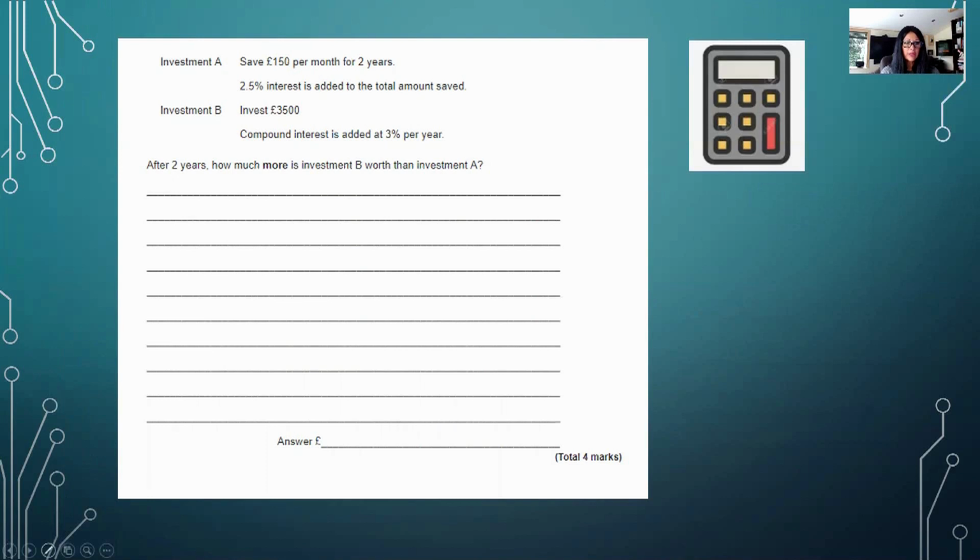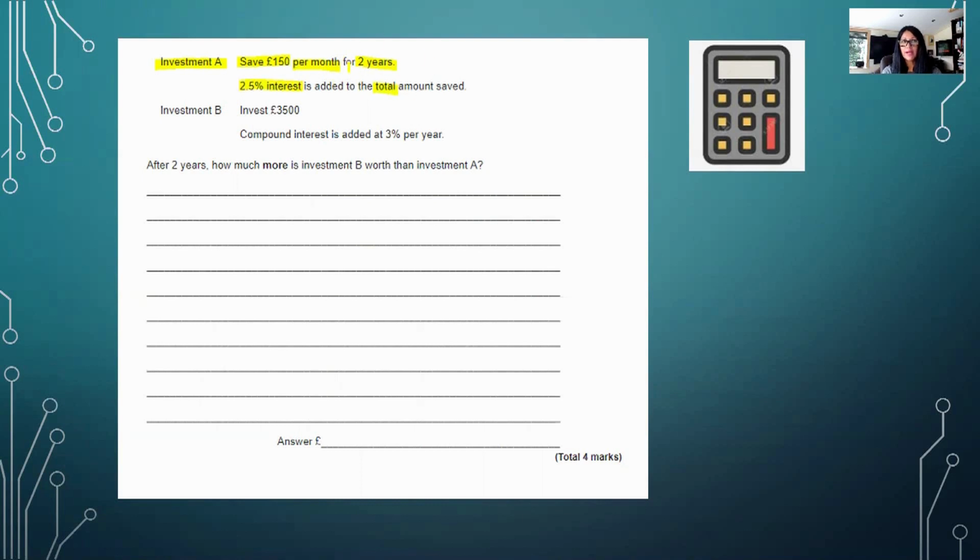So let's read the question and underline key information. We have investment A. Investment A means we put some money in with the hope that we're actually going to make some money at the end of a certain time. This one tells us we can save £150 a month, so per month is important, for 2 years. At the end of the 2 years, 2.5% interest is added to the total amount saved.